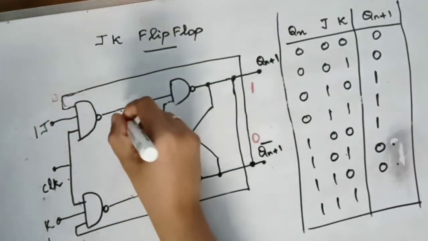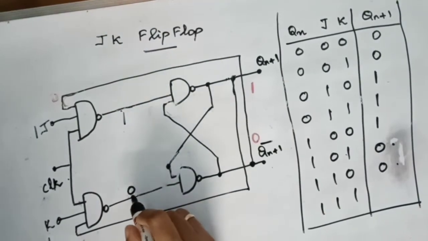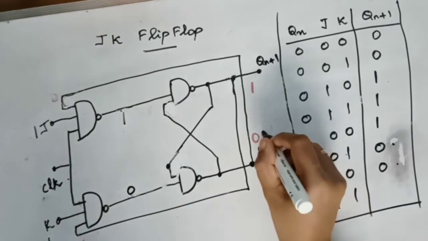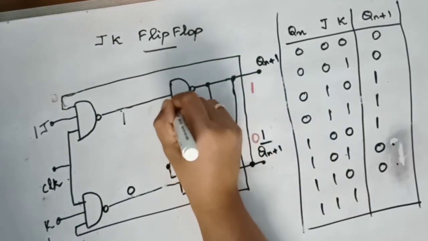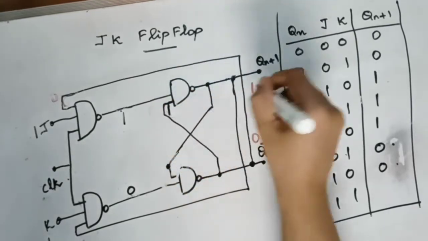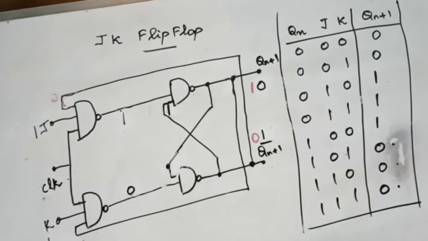So this becomes a 1, this becomes a 0. When you get a 0, write the output first and move that output to the latch input. So this becomes 0. So this is 0. So this is a JK flip-flop.